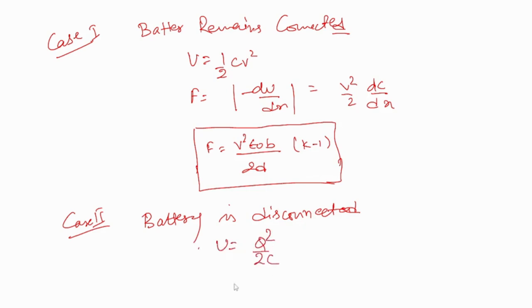F will be minus dU by dx, which is Q square by 2 into d/dx of 1 by C. So F equals Q square by 2 into d/dC of C inverse into dC by dx.